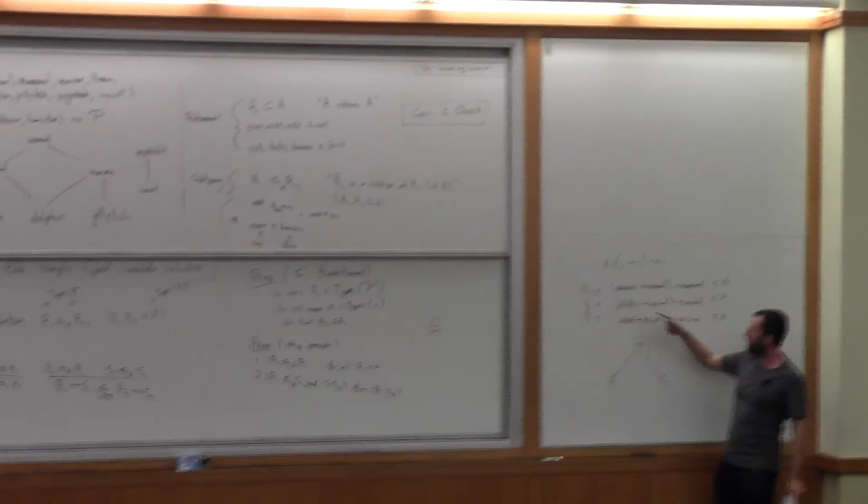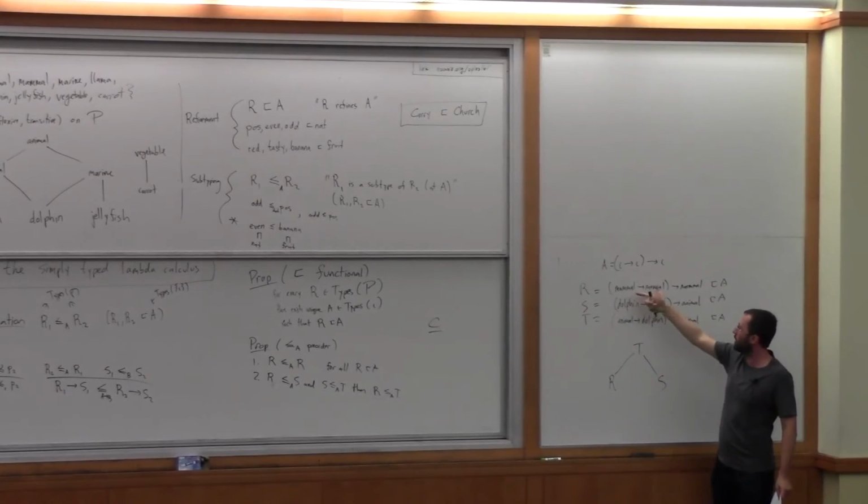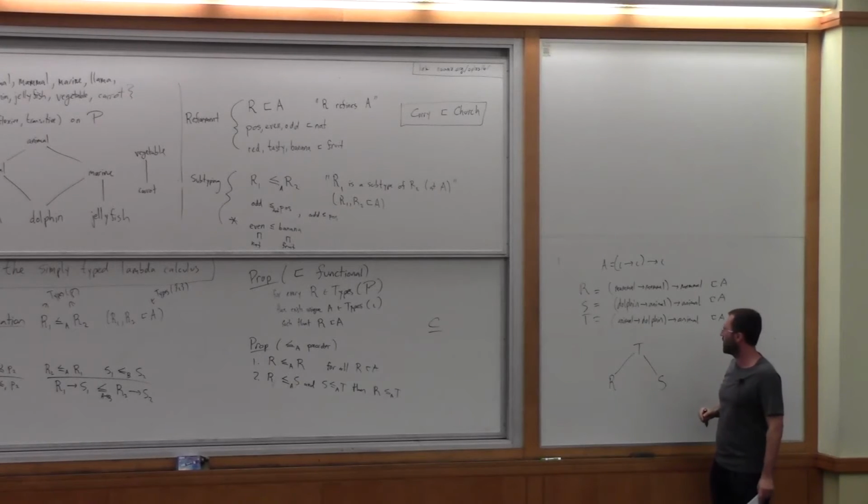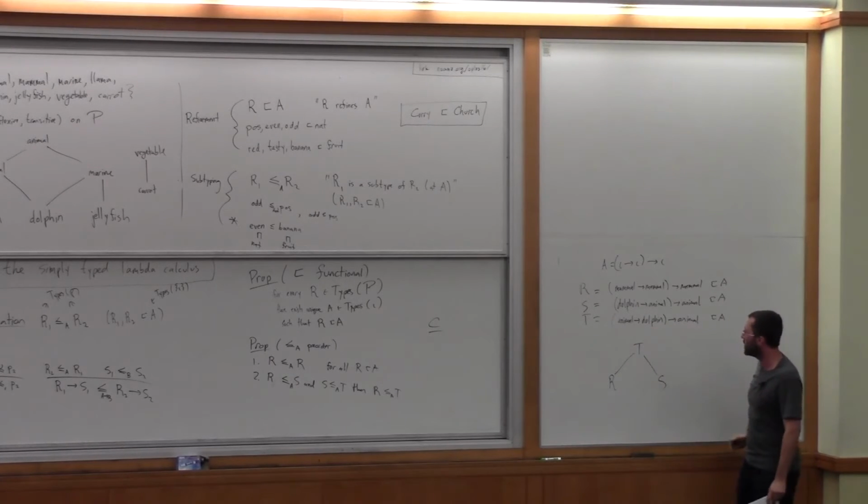If you have something which will take any transformation from mammals to mammals, it will return a mammal, well, you can use that as given a transformation from animals to dolphins, you can get an animal. And then S is also a subtype of T, and those are the only relationships which hold.